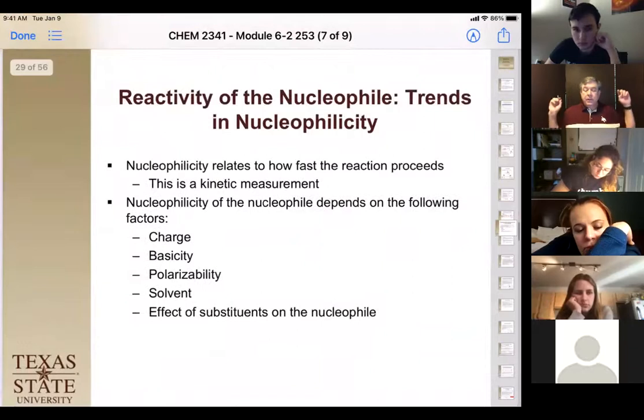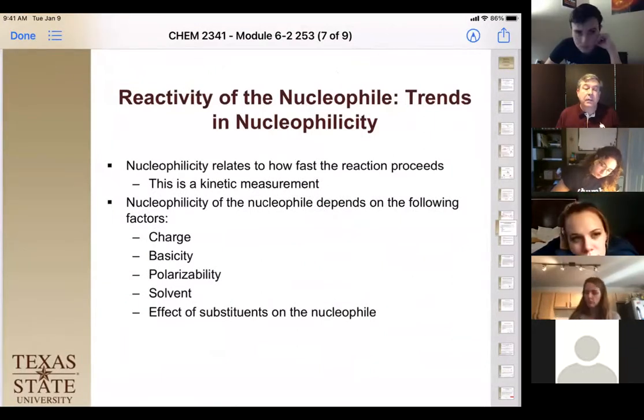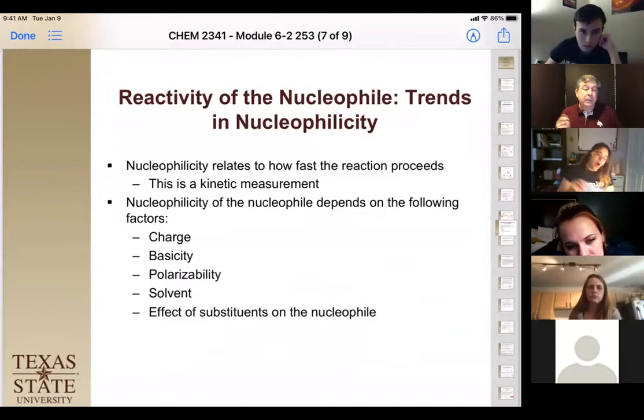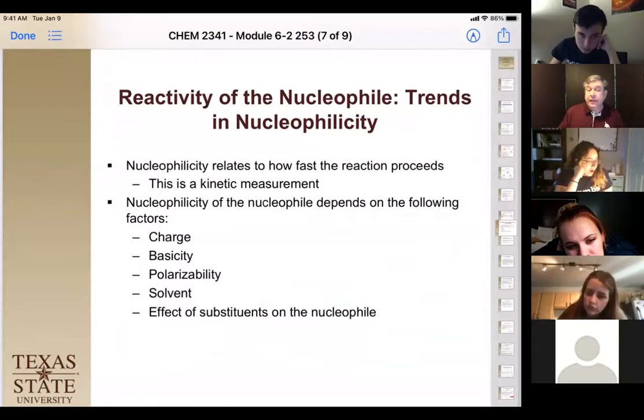So we have some current trends in nucleophilicity. One is charge. Second is basicity. We also have to think about acid-base, polarizability, solvent, and the effect of substituents, or sterics. If the substituents get too big, the nucleophile can't work.